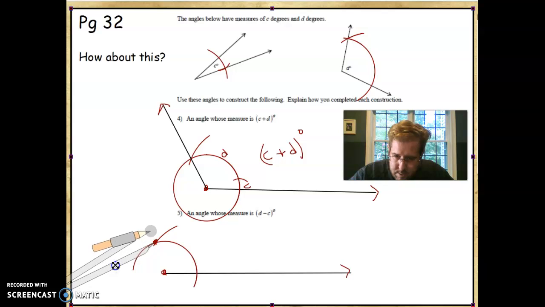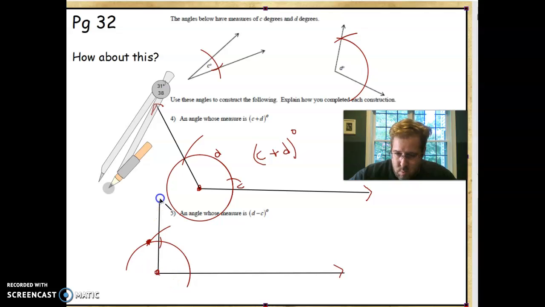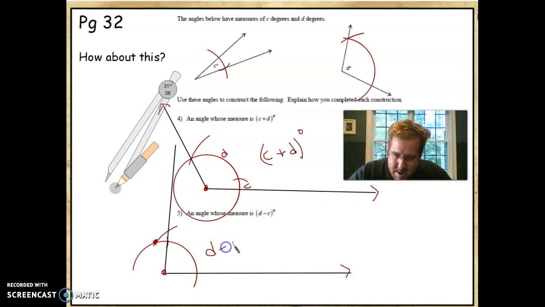All right, so put that here and make the exact same size arc. Okay, that's the size of angle C, and we deduct that. So what we're left with is this angle. Notice that this one's a lot smaller than this one because instead of adding C, we subtracted C from D. And there we go. And we have our D minus C degree angle.